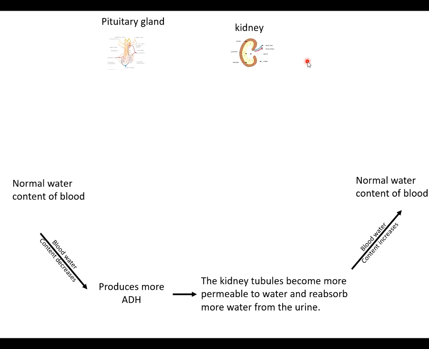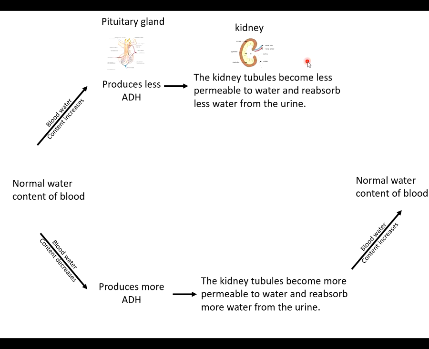On the other hand, if our blood water content increases, because we felt thirsty and have drunk quite a lot, the pituitary gland will release less ADH. That in turn will make the kidney tubules less permeable to water, so we reabsorb less water from the urine. Water will leave the body and our blood water content will decrease and go back down to normal.